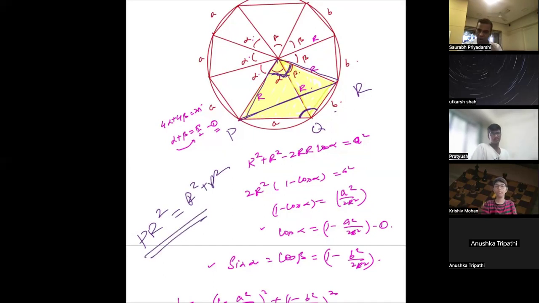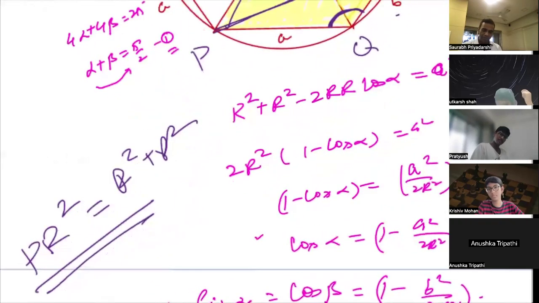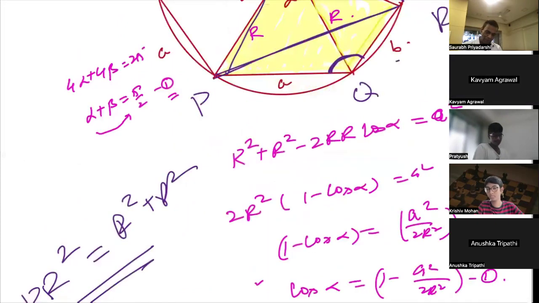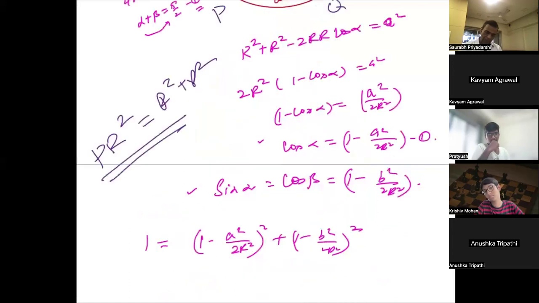Right? Kavyam, yes, sir, you've asked one question, na? Beautiful question. Kavyam asked, first thing is, sir, tell me one thing.